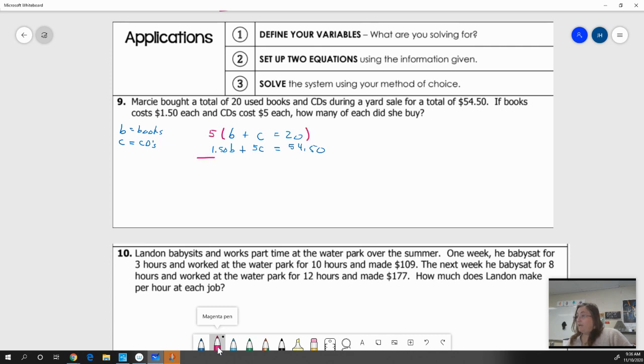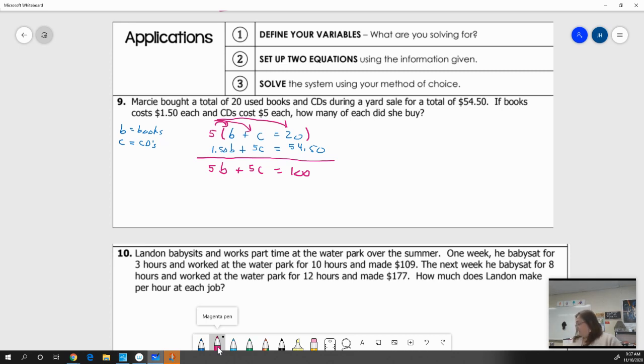And when I do that, my new equation on the top is going to be 5 times B is just 5B. 5 times C is just 5C. And then 5 times 20 is 100. And then my bottom equation is going to stay the same.